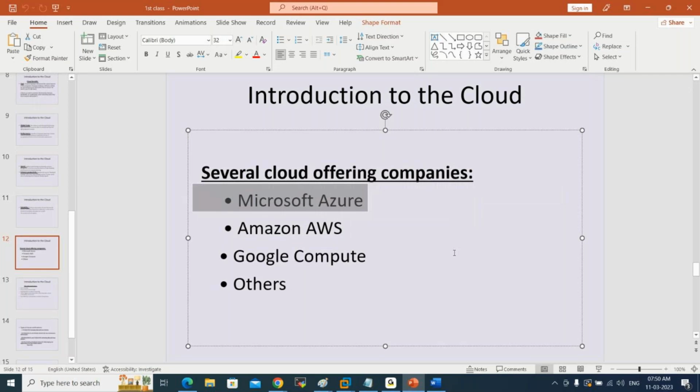I started during that time, in mid 2015. I used to work in the Classic portal also. Now the portal is the RM portal, the Resource Manager portal, which is fully automated. You just create a service, and it will create all dependencies. The Classic portal is not like that. You have to create all the dependencies first as separate entities, and create the actual service and pick up those entities when you are creating it. It was a very vague process.